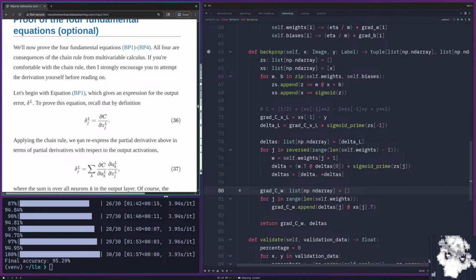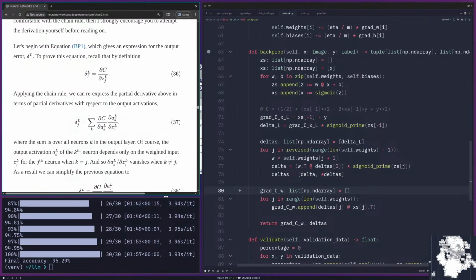Applying the chain rule, we can re-express the partial derivative above in terms of partial derivatives with respect to the output activations. Yeah, this is what I was trying to say last time, where you've got the del A on the numerator and the denominator, so they end up canceling, and I didn't have a reason why that's true. I just remembered that that's how that works.